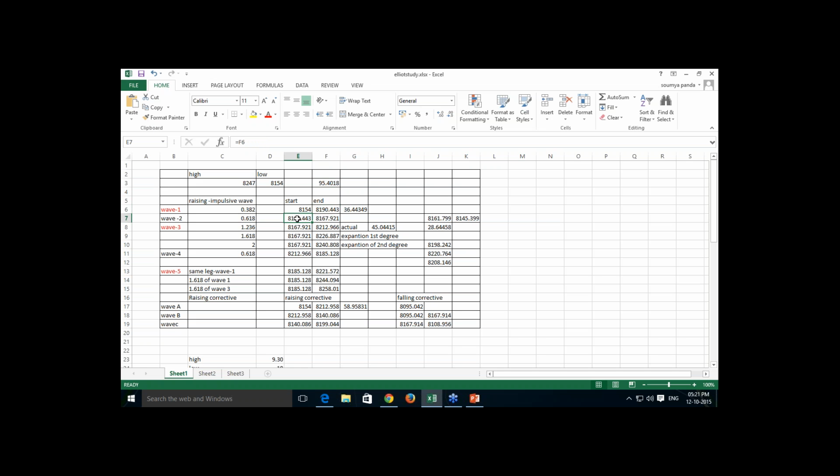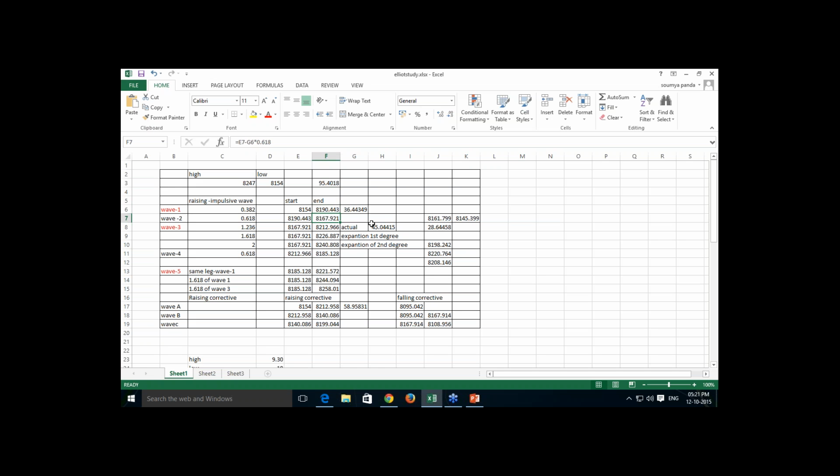Then my second wave should give some corrective action. Post 8190, I should expect a correction till 8167. Post that, I should rise. So this is my expectation. Wave 1, wave 2, wave 3, wave 4 and wave 5 should move in this particular price range.